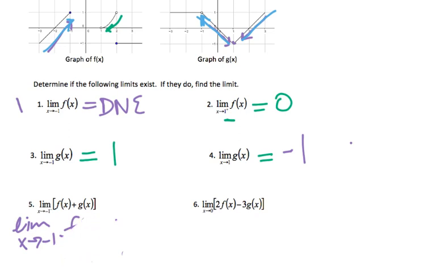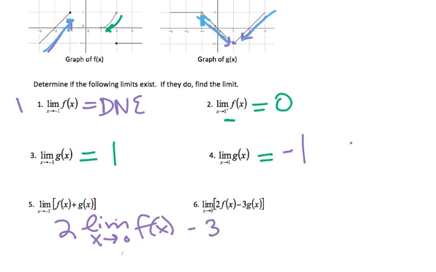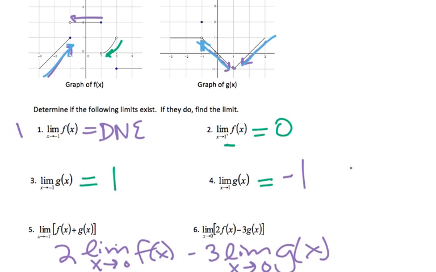So here in number 6, you're also going to split up the limit. So it'll become 2 times the limit as x goes to 0 of f of x minus 3 times the limit as x goes to 0 of g of x. Looking at our graphs, the limit as x approaches 0 of f of x, from the right, it's approaching 2, and from the left, it's approaching 2.